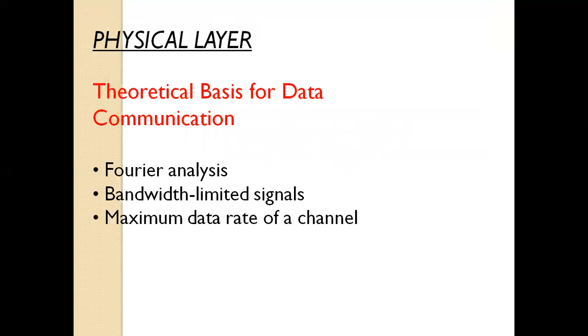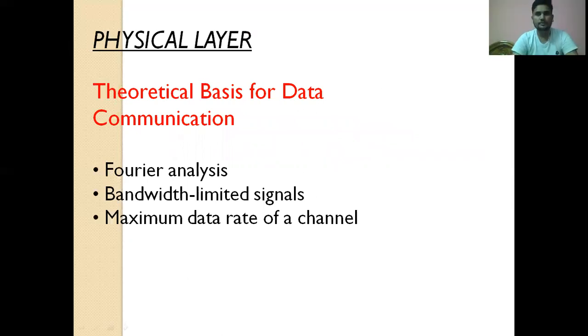This is the physical layer, the theoretical basis for data communication: how data has to be communicated from one device to another device. The physical layer plays the major role, as we discussed in the earlier videos of unit number 1, the OSI reference model, the TCP/IP reference model, and the difference between OSI and TCP. We mainly focused on the physical layer. Why?